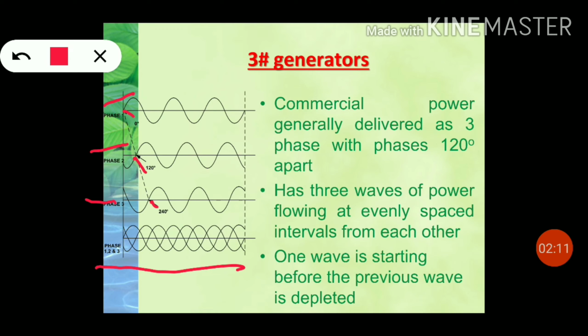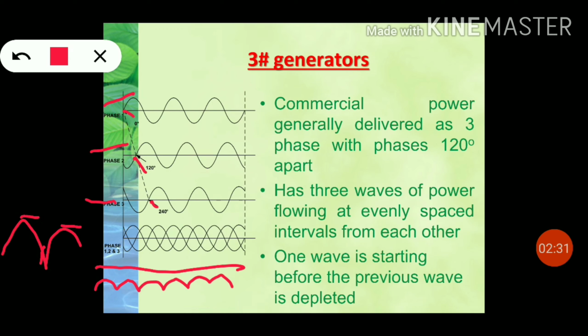Because three-phase generators produce an almost constant voltage, there is no deep valley.